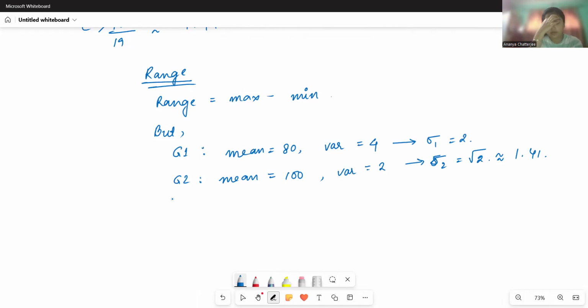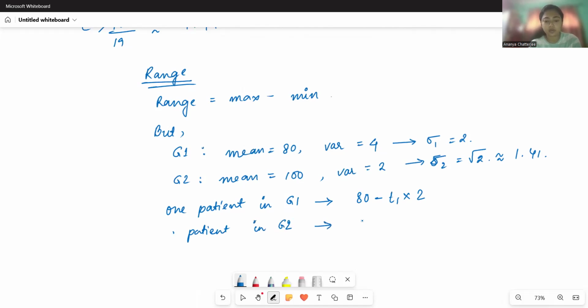Now we can possibly try the range: one patient in group 1 has 80 minus T1 into 2, and another patient from group 2 has 100 plus T2 into 1.41.